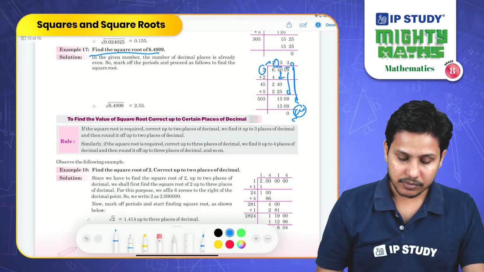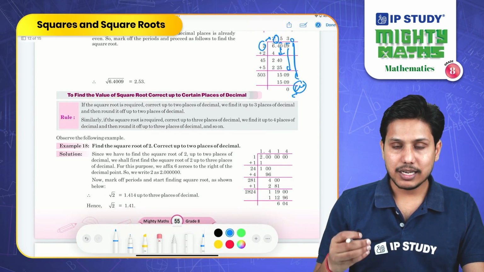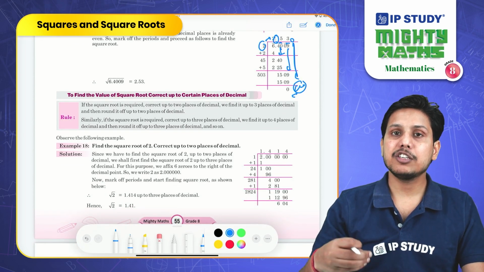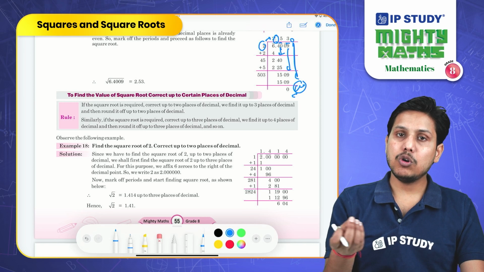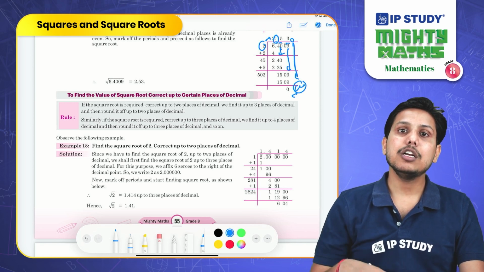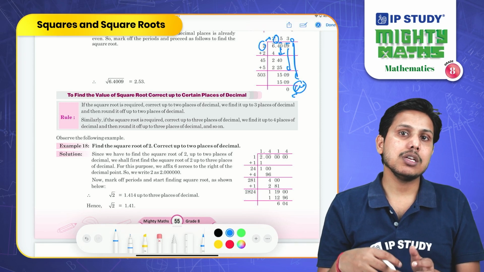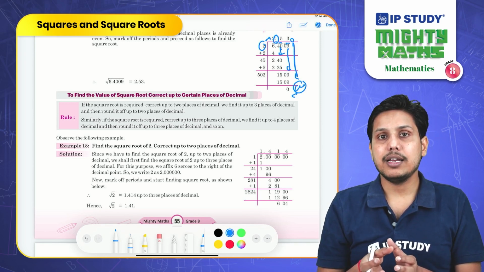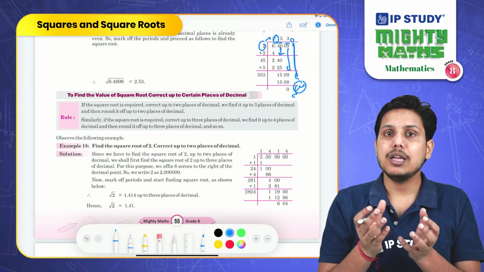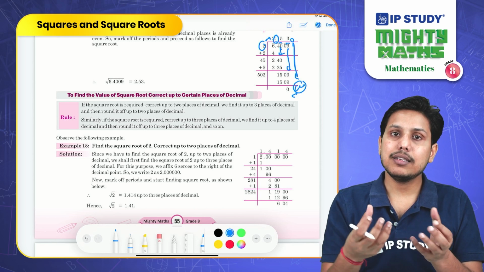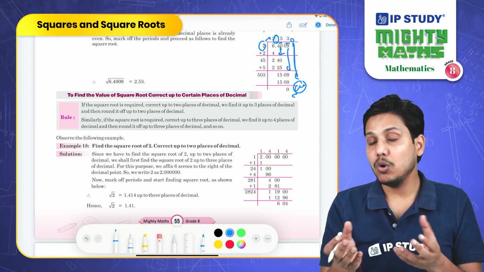Now if a non-perfect square is given, we can also use the long division method to find its square root, but in the form of a decimal, because for a non-perfect square there is no square root that is an integer or whole number.